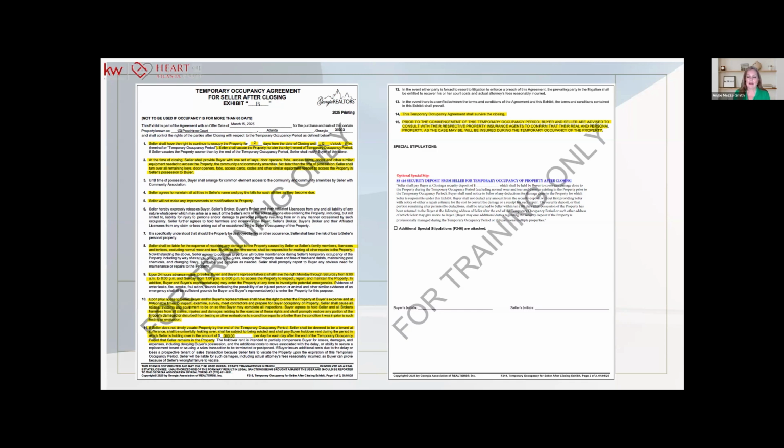But what this is, it's an agreement where the actual seller pays an actual security deposit at closing directly to the buyer. The buyer holds that just like a regular individual landlord who's not a licensee would hold a security deposit for a tenant.